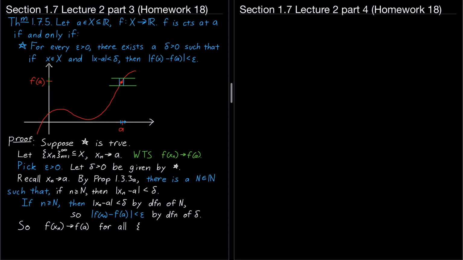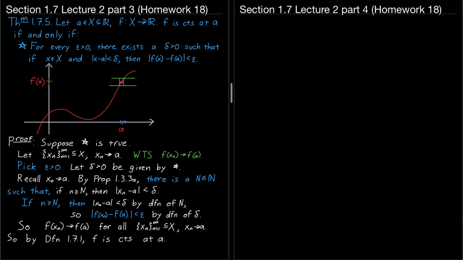We haven't used anything about the sequence of points xn except that they are points in X and that xn converges to a. And so by definition 1.7.1, f is indeed continuous at a.